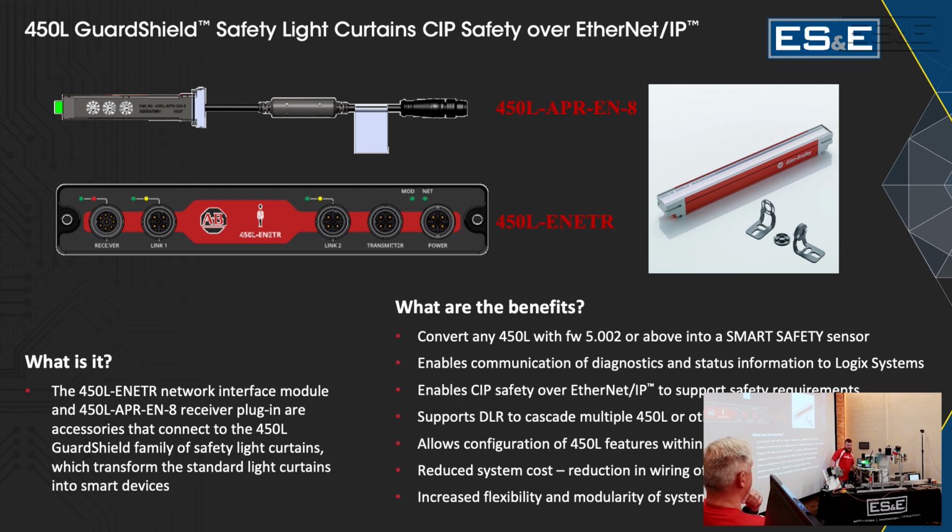We're also using CIP Safety over Ethernet, which is our module here, and that's great because it eliminates our I/O requirement. We've got transmit and receive ports, as well as links to daisy chain additional safety curtains, so we can link everything together.